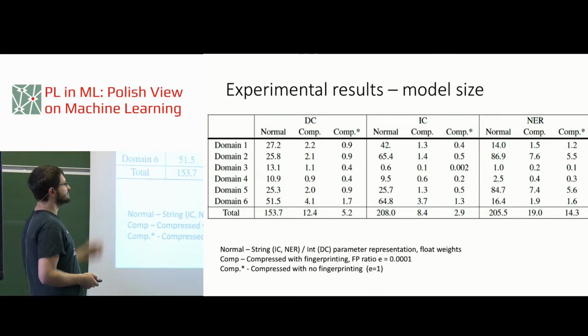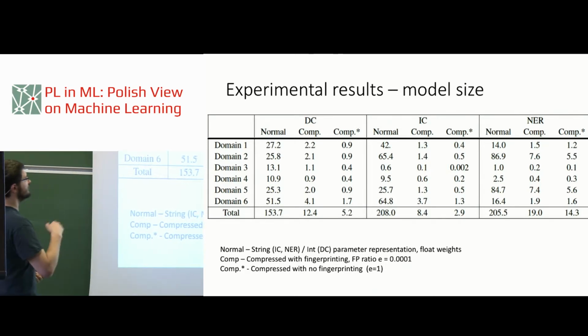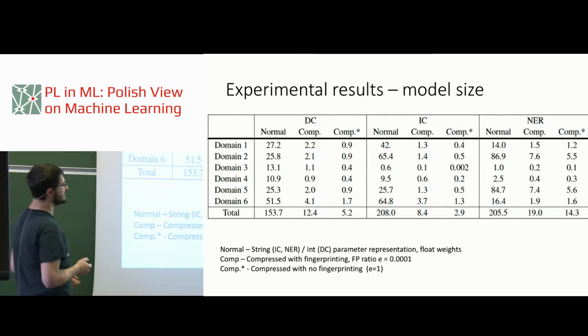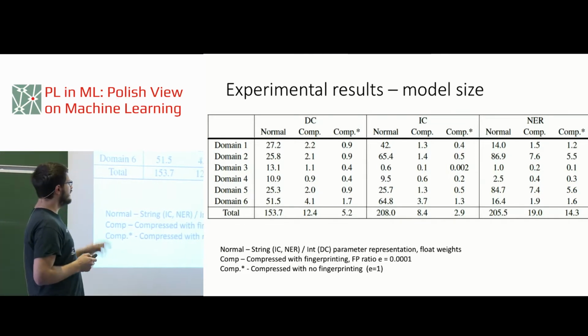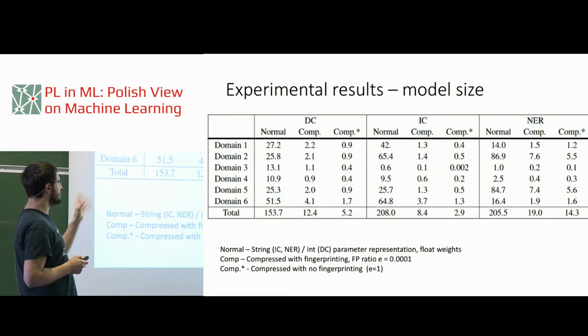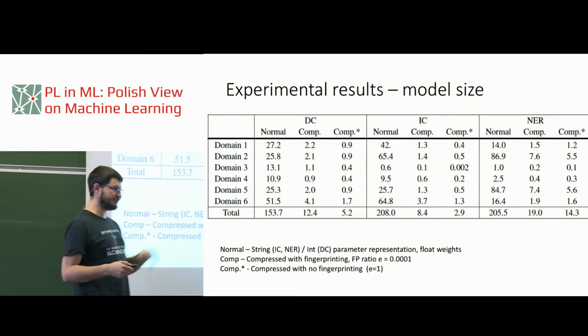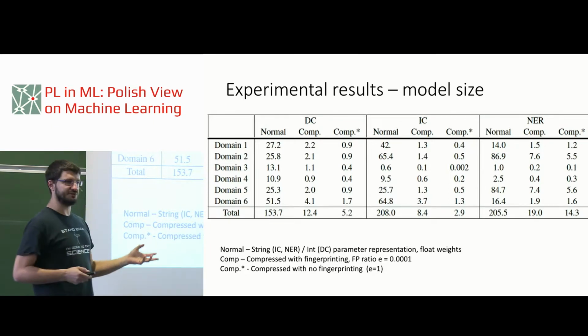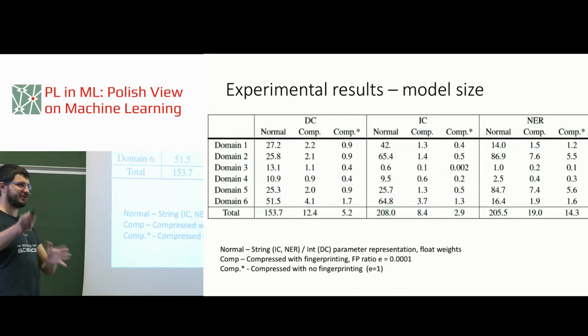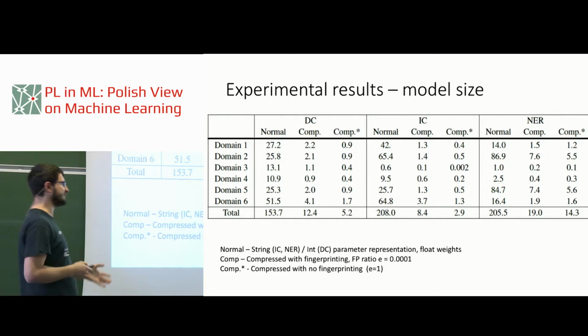There are different ratios, and I will explain this in a little bit, but if you look closely, we went from 150 megabytes total for domain classifications to about 12 megabytes. The last line here is what you could do if you forgo the fingerprinting. Fingerprinting is actually the bigger component of the representation now.